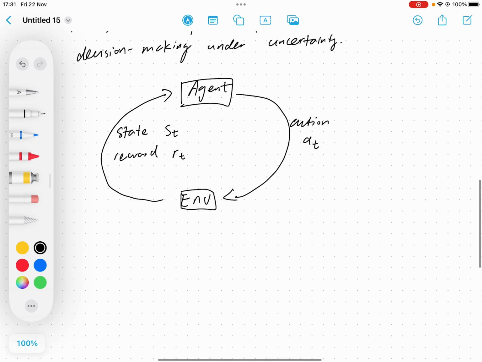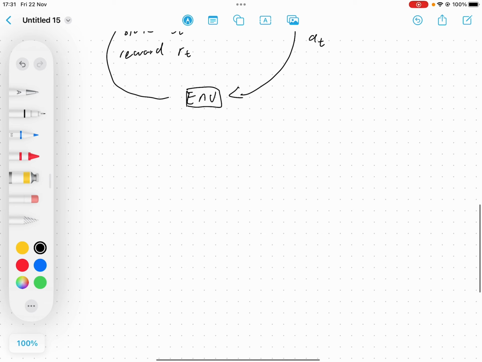Okay, so to be more specific, let's make some rigorous definitions. State S. Here this is still a rough definition; later we'll introduce very formal definitions of those notations. But here we just need to know the meaning of those things.